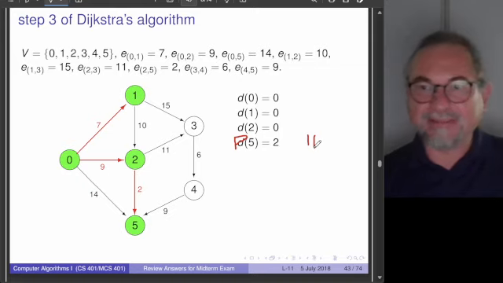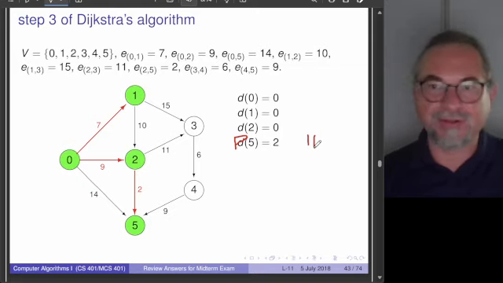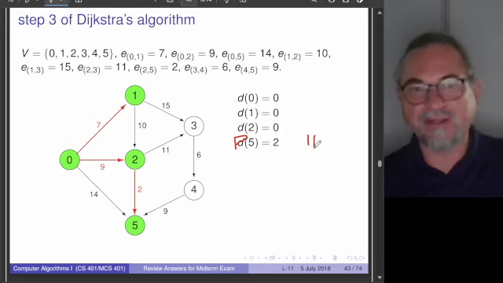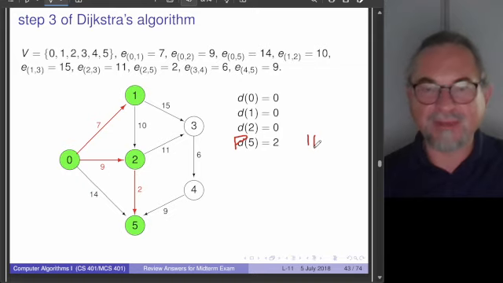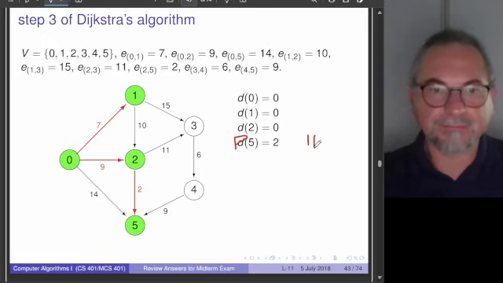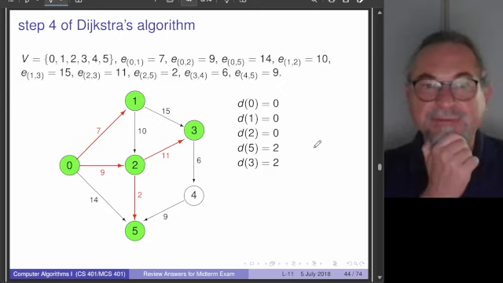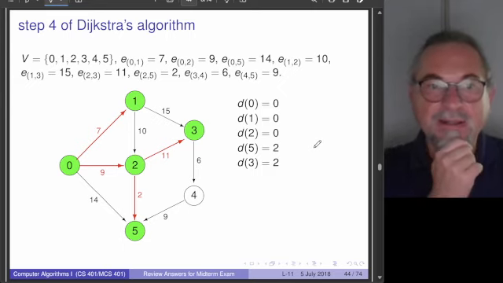So you can't really say it's the choice because it's obvious. You also can't say I'm running Dijkstra's algorithm and it's in my head. No, you have to be capable of justifying why 5 is the next selection. All right, then it is 3. Why again?